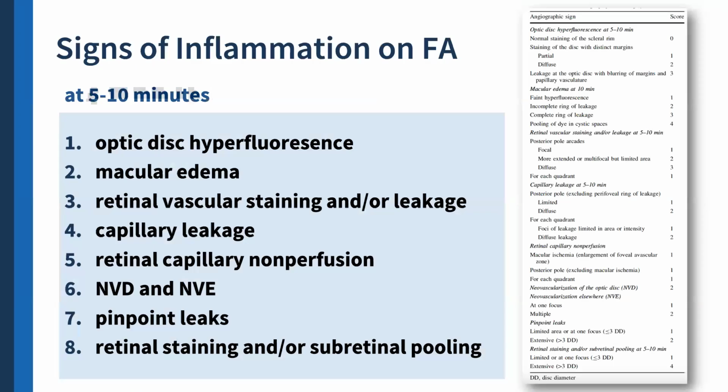So this is a short summary of what you need to do. Take a look at the films at 5 to 10 minutes. In uveitis, when you order your FA, you take note of which eye is the transit eye, right? But for uveitic or inflammatory entities, the transit eye is not so important to us.